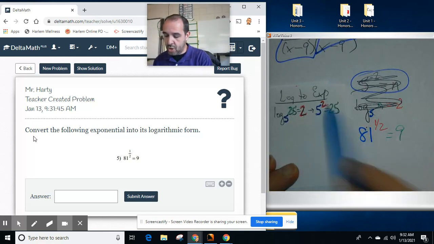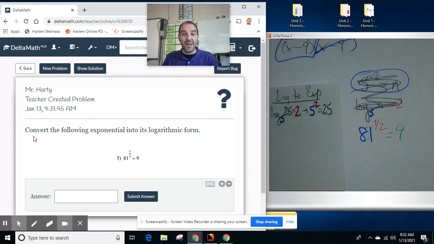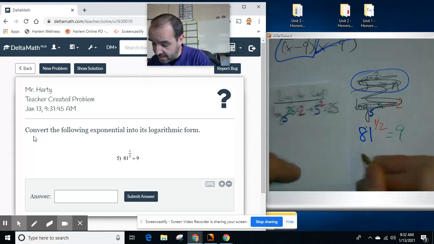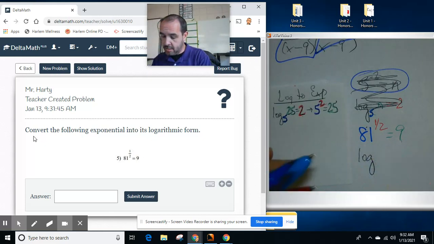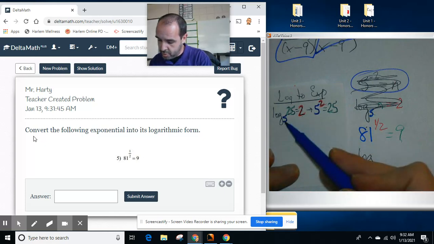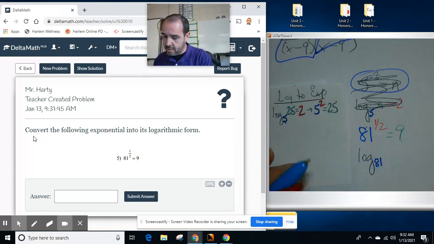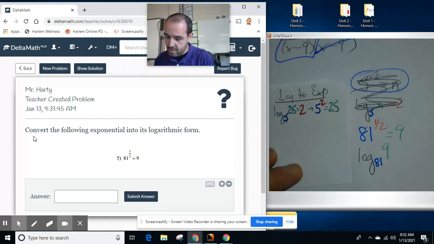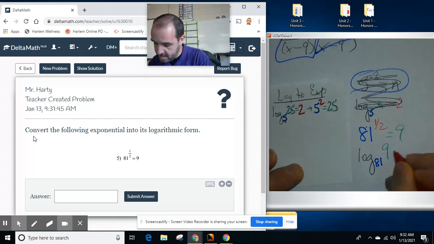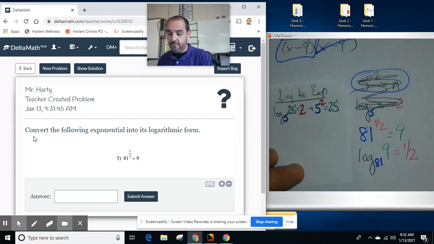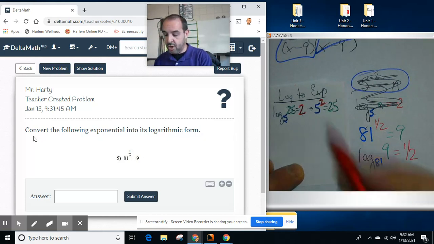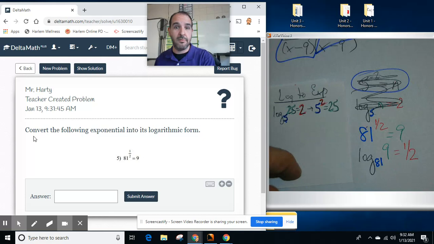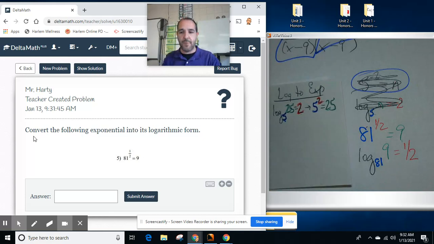Okay, color-coded. When I go to do my log now, just follow the colors. Log, okay, blue is 81, green is 9, red is 1/2. Literally followed colors instead of trying to follow base, exponent, and answer.